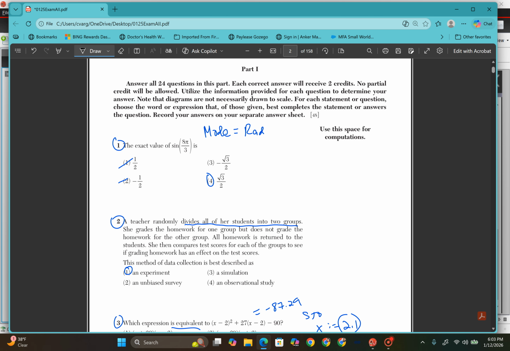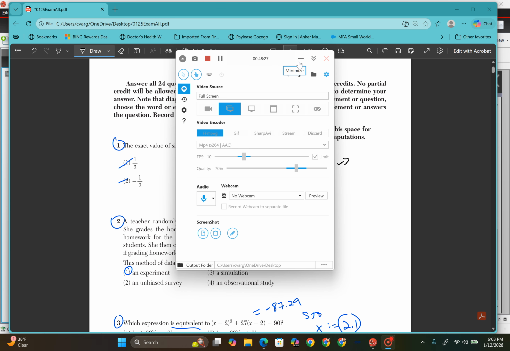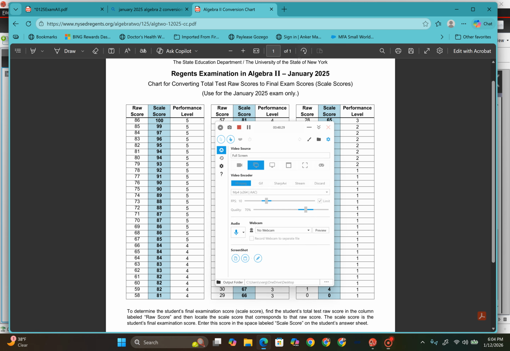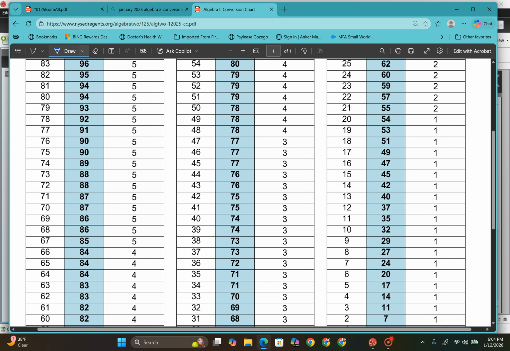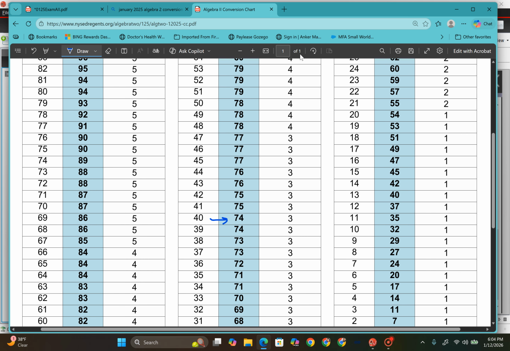So 40 points. Okay, 40 points. What does that equate to? Let me pause you real quick. So this is the conversion chart of 40, right? 40 points raw would equal a 74. That's just on the multiple choice alone. Just on the multiple choice. Come on, we can do this.